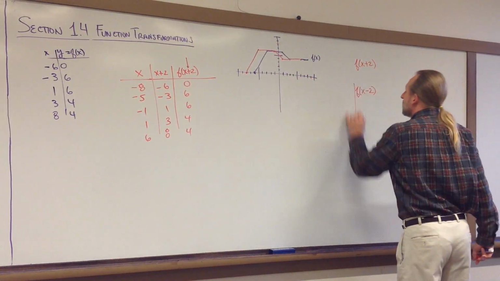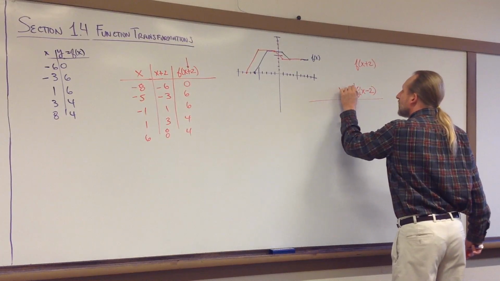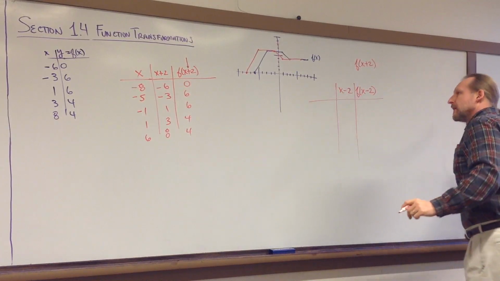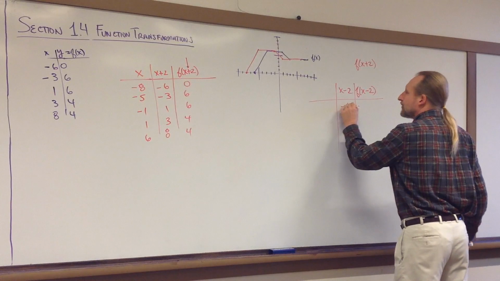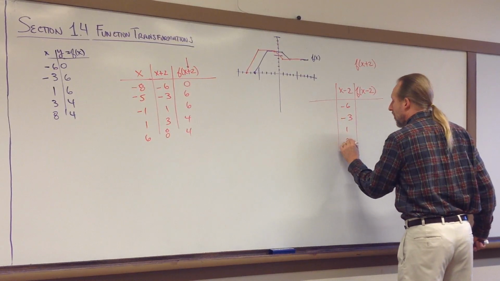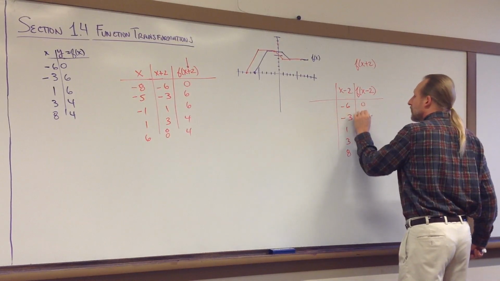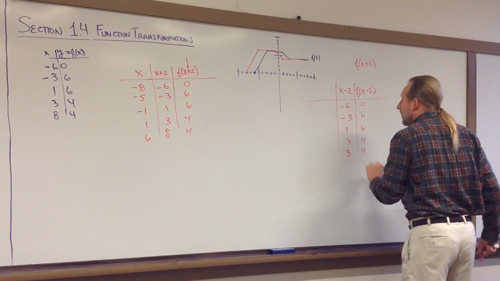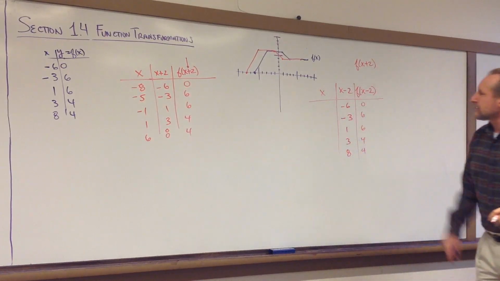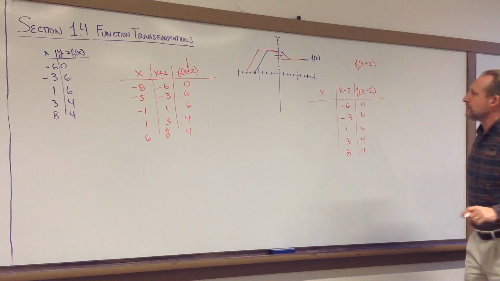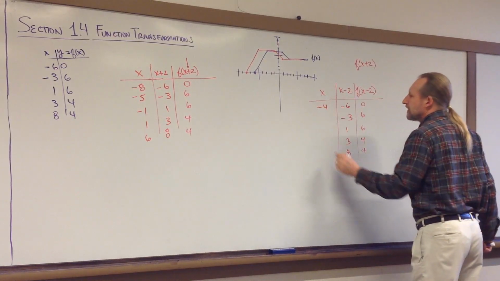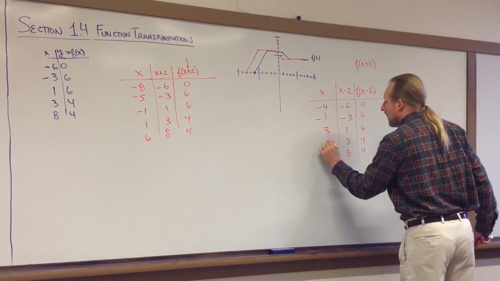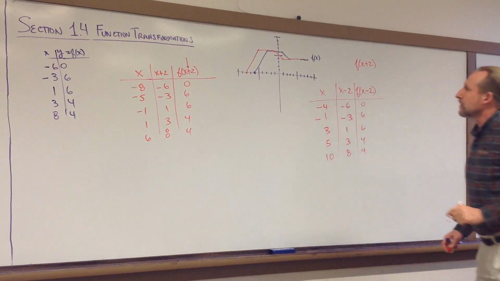If we did f of x minus 2, it would shift to the right, okay? We'll put these values in here along with the y values. And now the x that would give us an x minus 2 equal to -6 would be -4. And all of these would be corresponding.